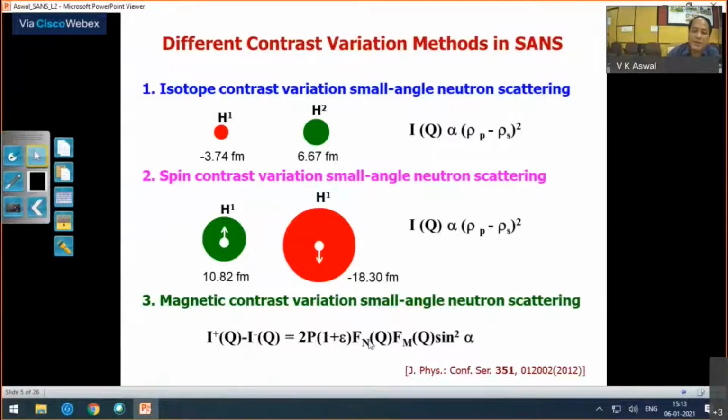In that case, when you measure the difference of the scattering intensity for plus and minus, your magnetic contribution gets multiplied by the nuclear contribution. So if you have a weak magnetic contribution, which is the case most of the time, it gets multiplied by the strong contribution from the nuclear part. When you multiply a small number by a large number, you can enhance it.